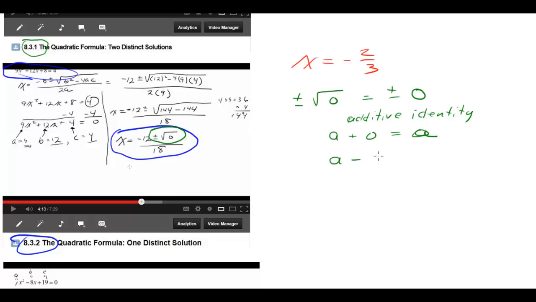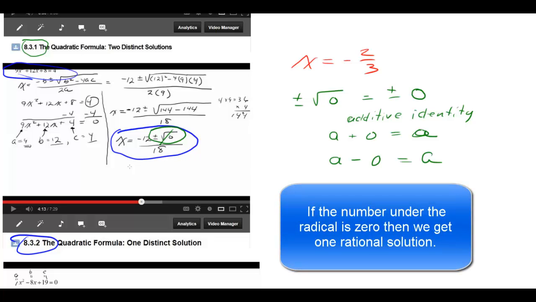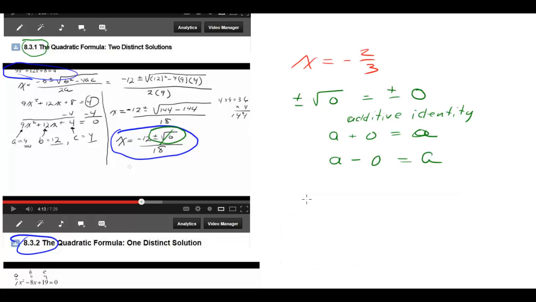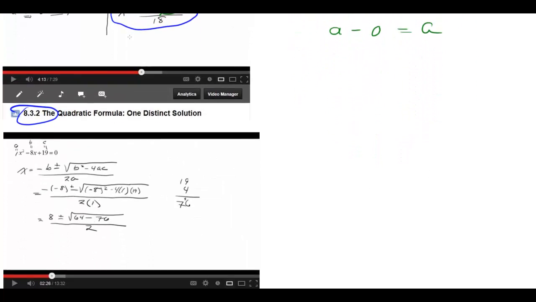Similarly, if I subtract it from a, I get a. So it does not affect whatever it's added to or subtracted from. So since this is now a 0, it goes away, and I'm left with a rational number. So in this case, if what appears in the radical sign is 0, then I get one rational solution.